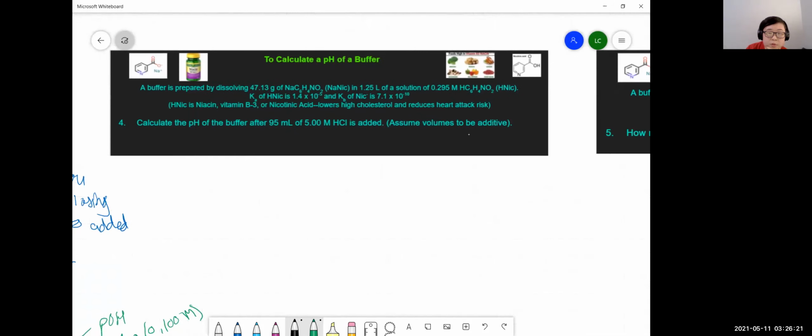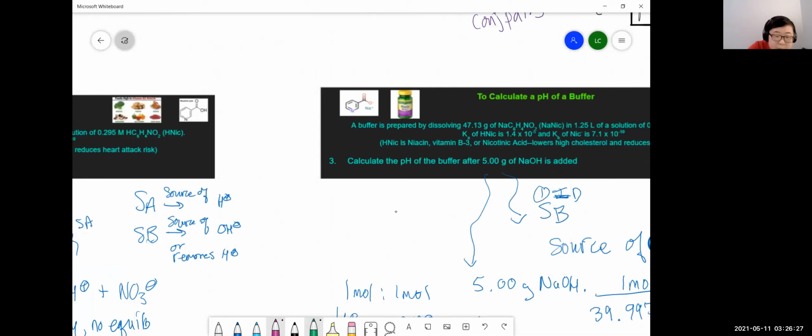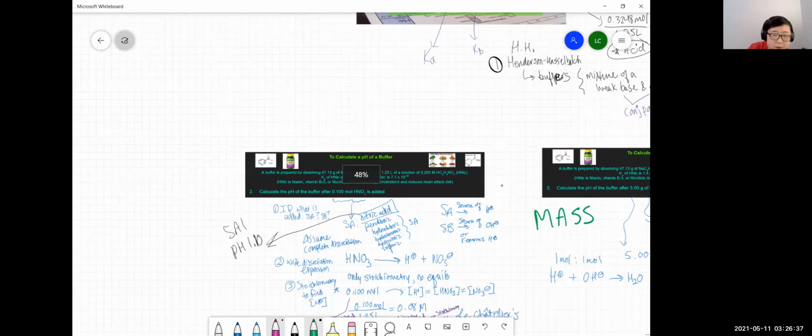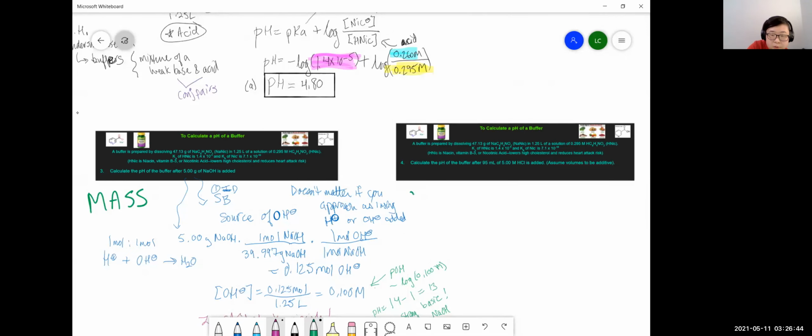Okay, the last two, this one's harder. You have to assume the volume is additive. So this problem added a mass, this one was an example where you added the moles of something, and now they're going to give you an example where you're adding volumes of something.